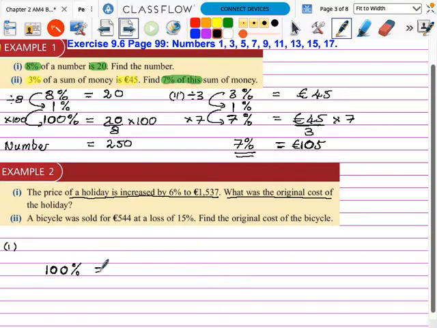So we are looking for what was the original cost. We're looking for 100%. What value in percentage terms is the 1537? What is the value of the 1537? Think. Pause the video and just think.